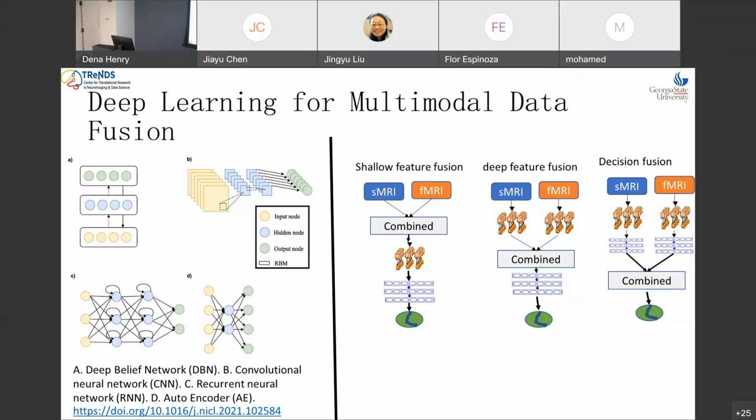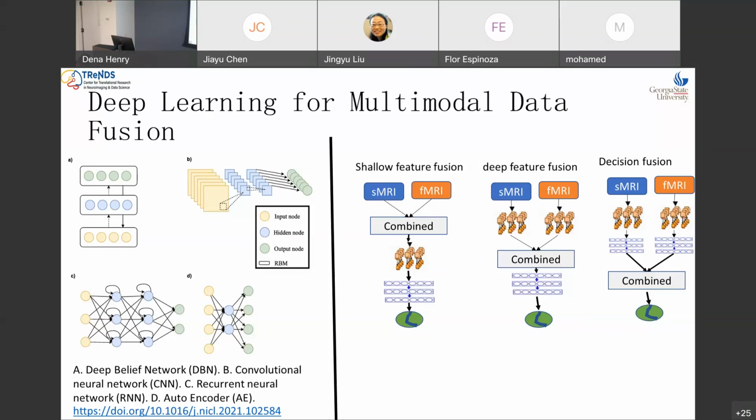The first, an early one, is the deep belief network. Then convolutional neural networks, commonly used for image processing. Here are recurrent neural networks, more related to time series, and this one is the autoencoder-decoder network.